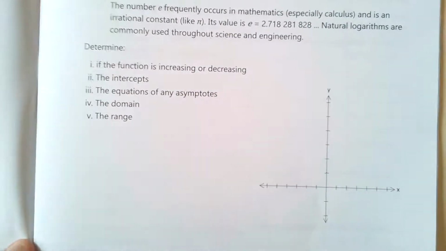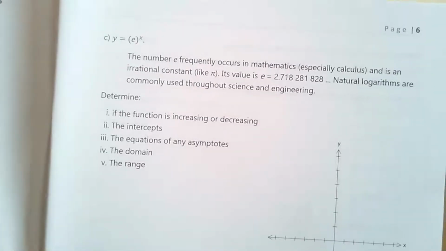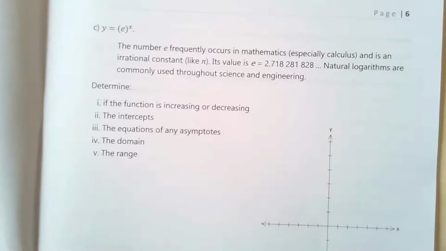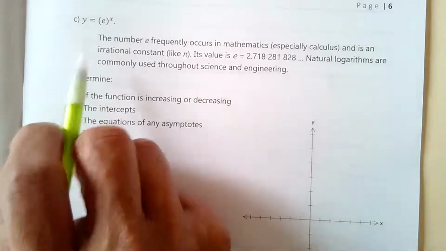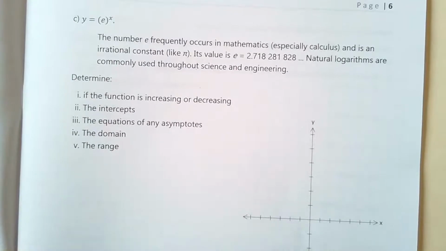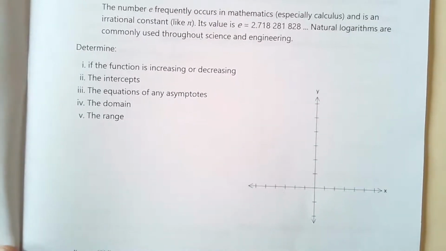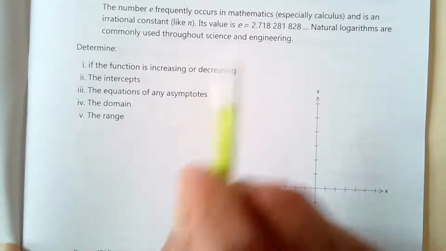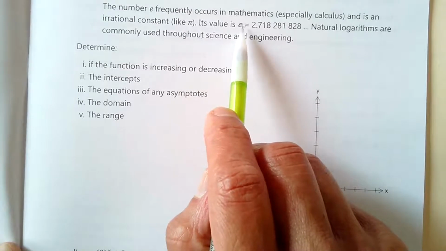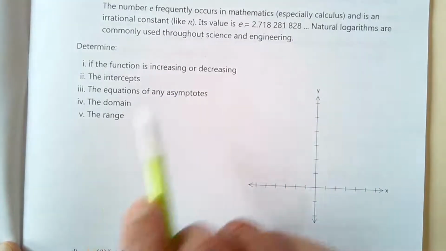But let's look at an e to the x one, and it tells you here, we use e to the x, or the e, which occurs frequently in math. And the e, as a common name after Euler, a wonderful mathematician, is a fixed value.